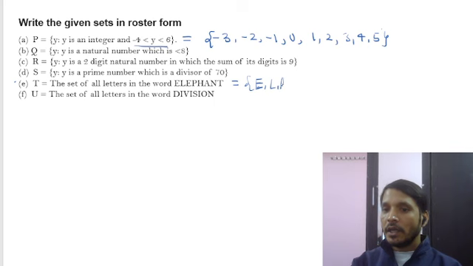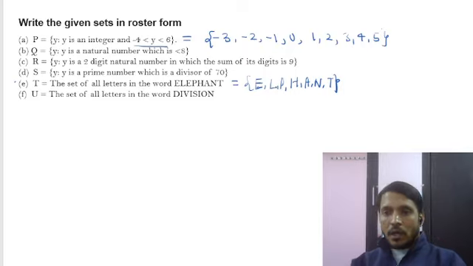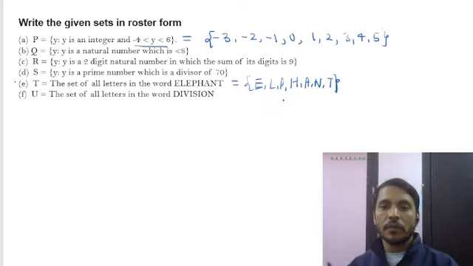Now P, H, A. A we have not written, so we will write it, and then N, and then T. It means we are not repeating the elements. Just write the elements separated by commas inside the bracket, and that will represent the roster form. Of anything you can write, just avoid the repetitions, right?